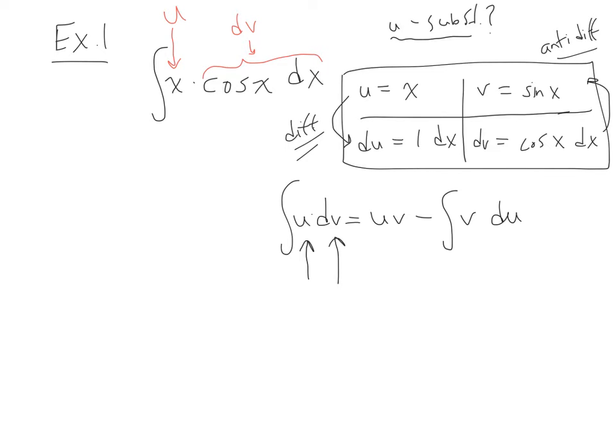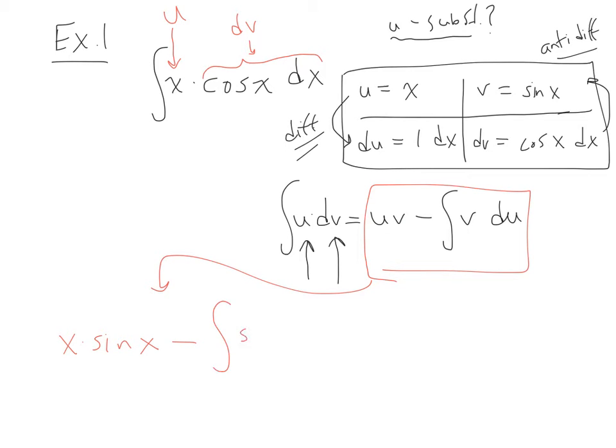And now with all this information set up, it's just a matter of plugging in the proper expressions to the formula. So our uv minus the integral of v du becomes, well, u is x, so that's just x. v is sine x, so x times sine x, minus the integral of v, which is sine x, du, which is just 1 dx.